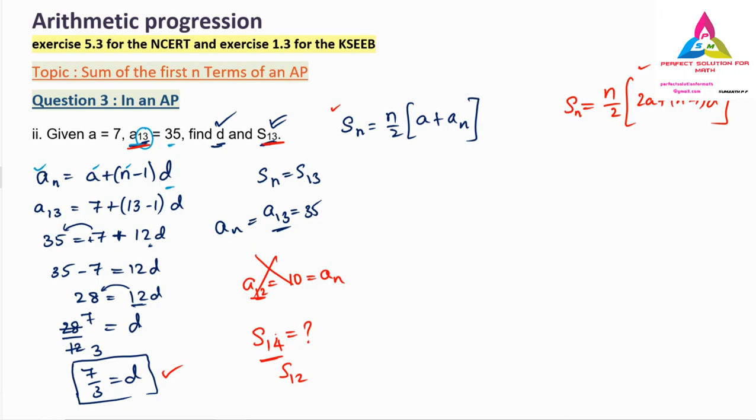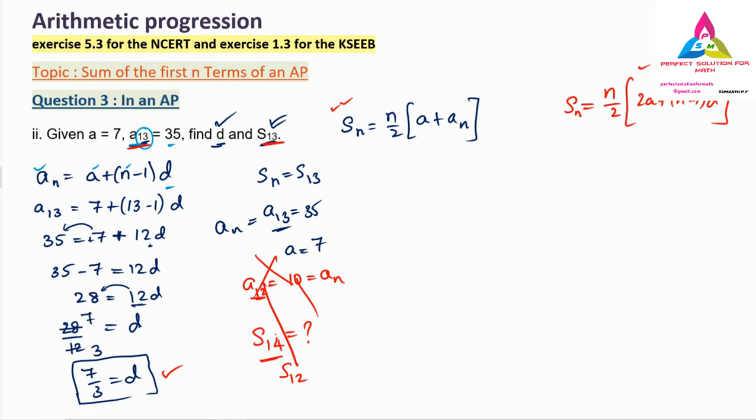We have 7 by 3, and if you substitute that d value 7 by 3, there is lots of confusion in the calculation. For that purpose we will always keep it simple. So we will go for this because they gave a13 and we also know the S13 value. I think this clarification is enough for you to understand.